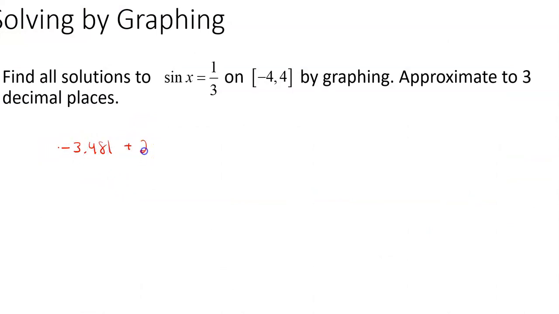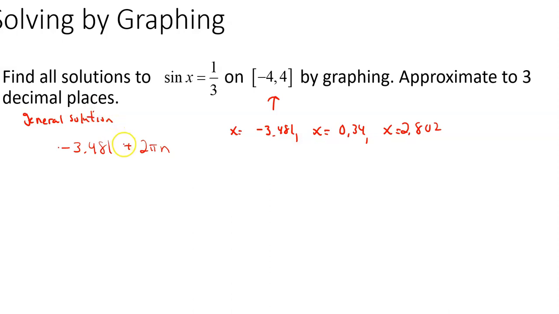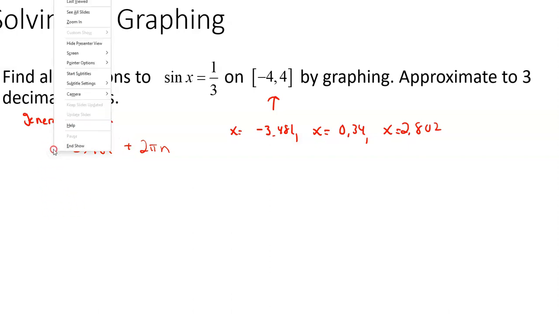I can say that my answer is -3.481 plus 2 pi n. So if I just want it on the interval from -4 to 4, then my answers are x equals -3.481, x equals 0.34, and x equals 2.802. But if I want what we call general solutions, or another way the question might be asked is find all possible values of x for which the intersection happens, then I would do this.